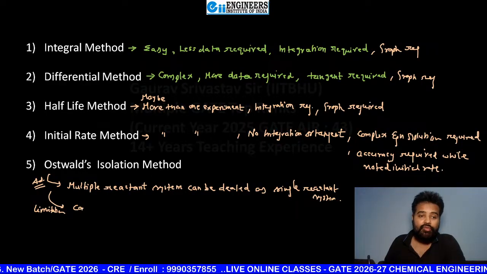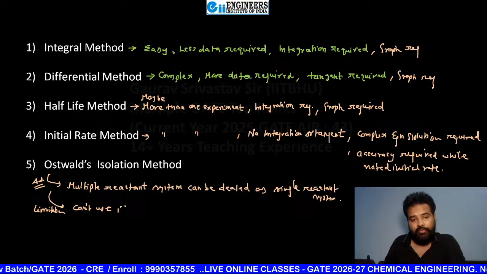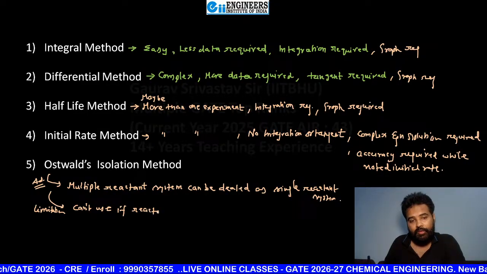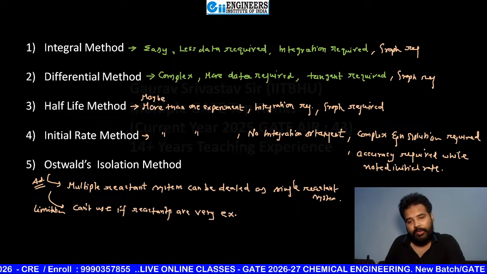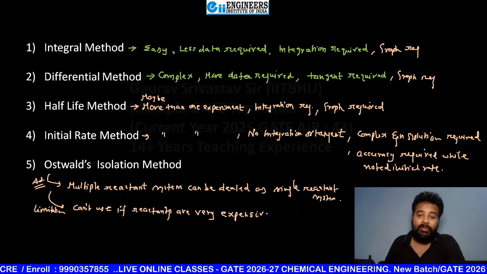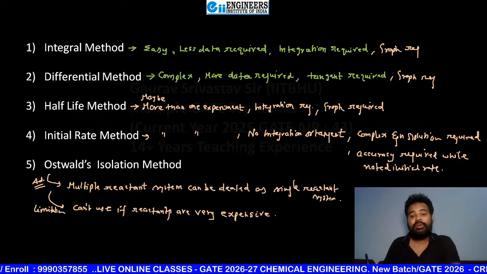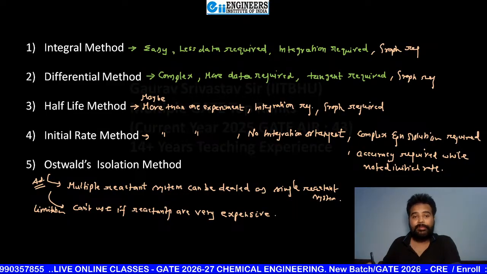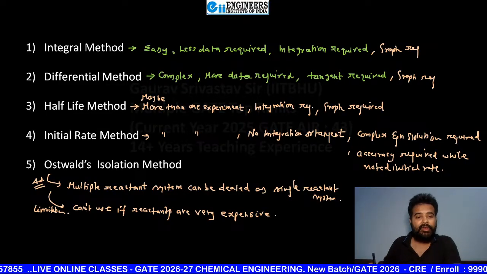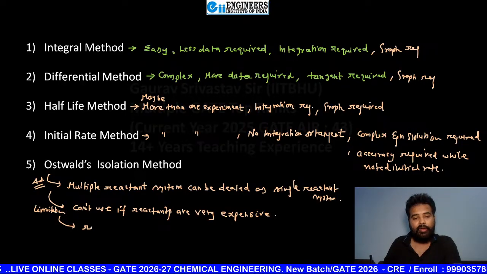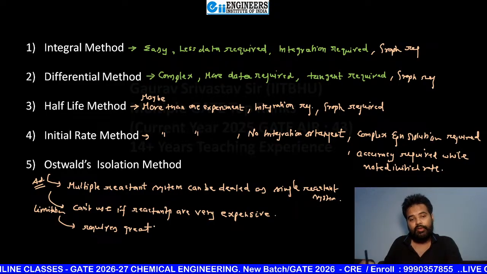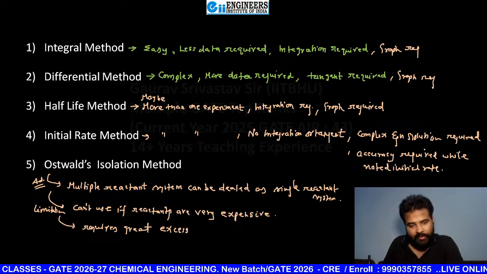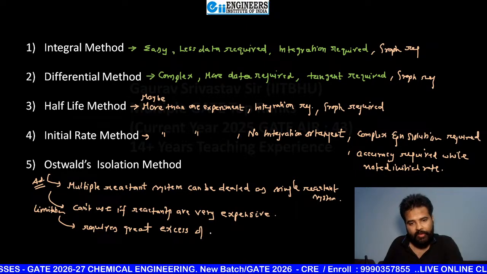You can't use it if reactants are very expensive, like uranium etc., so you can't use this if the availability of that reactant is not enough in your country. Okay. And one more limitation similarly you can write: requires great excess of reactants.